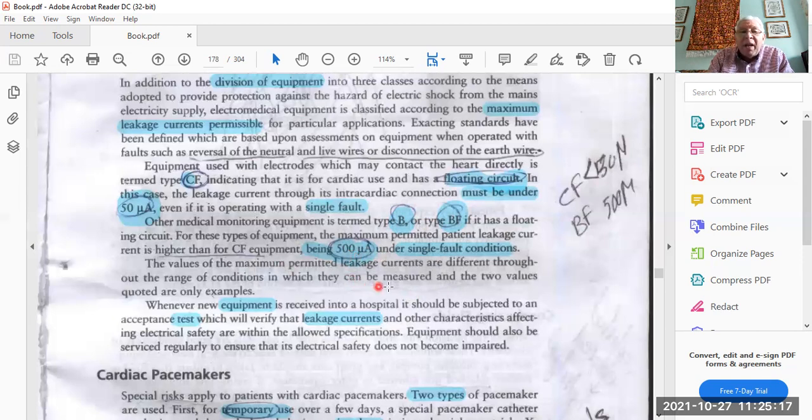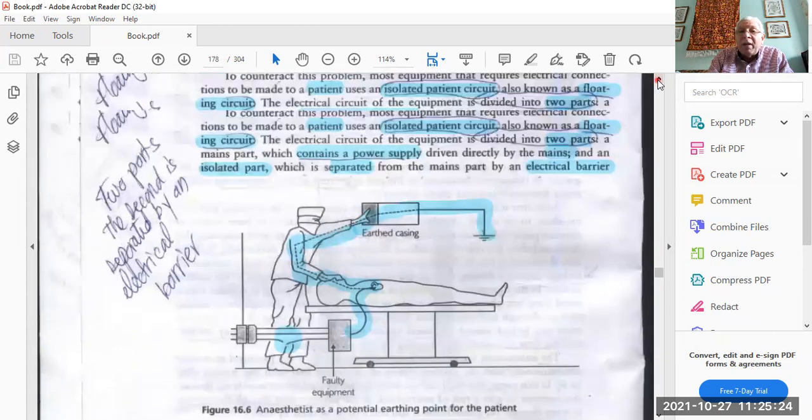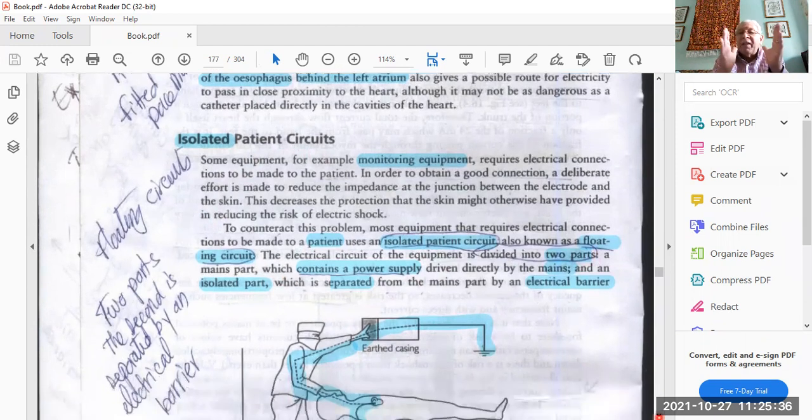These are equipments that are useful in the operative theater where they cannot affect the patient. Isolating patient circuits, or what we call floating circuits. These are circuits in which the electrical component of the apparatus is separated from the monitor that is attached to the patient. So you're making a breakdown through a transformer.